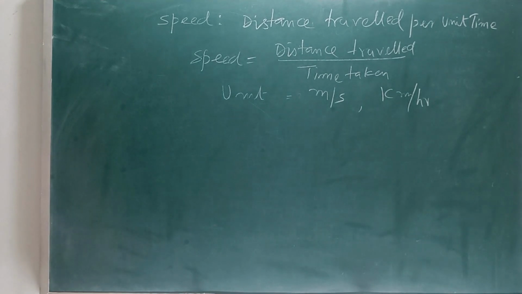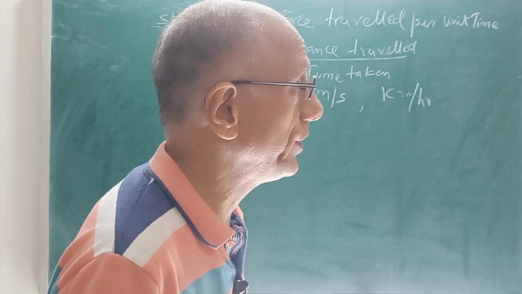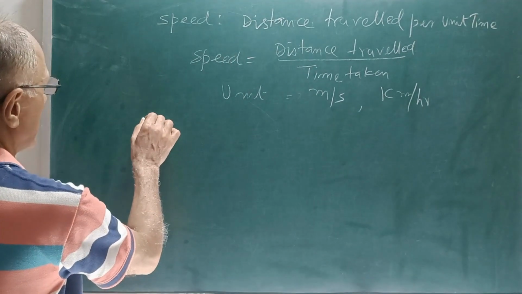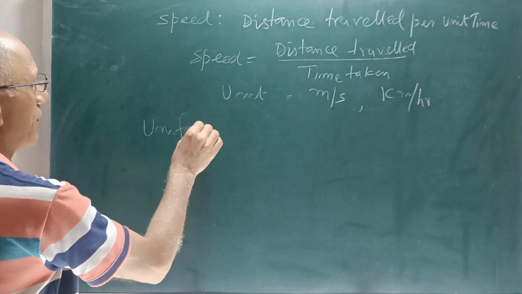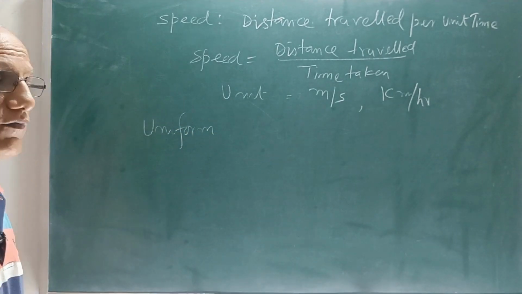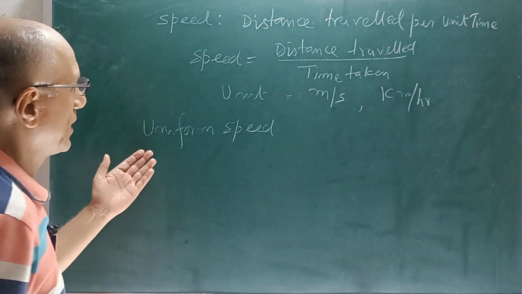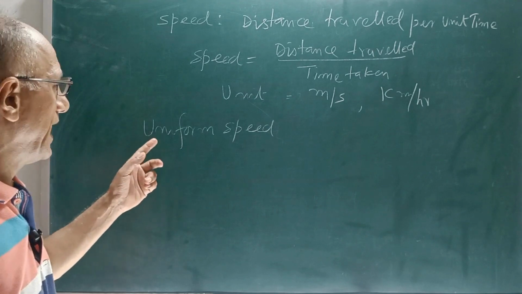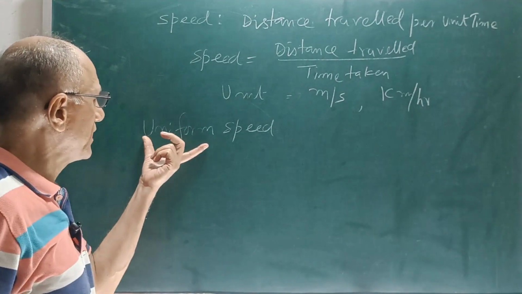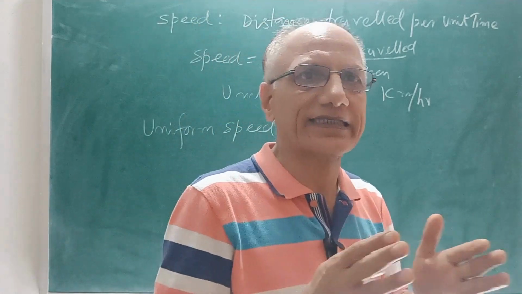Now we can try to define uniform speed. Which speed will be called uniform speed? It is very clear from the word uniform. Uniform means constant, same.